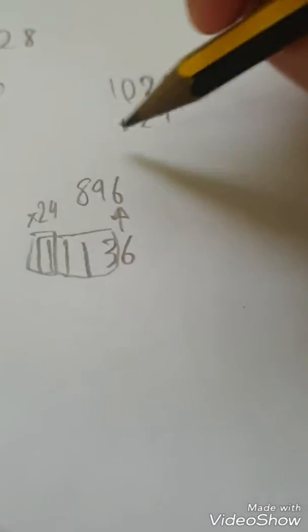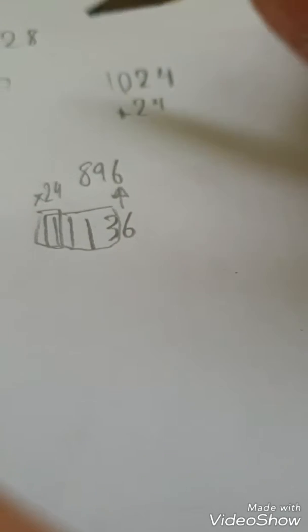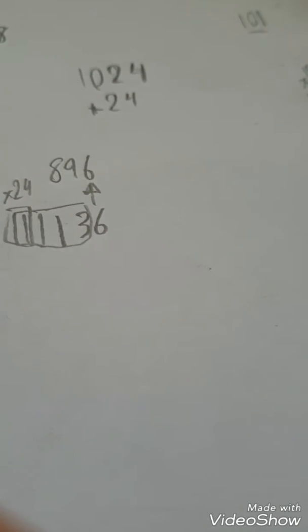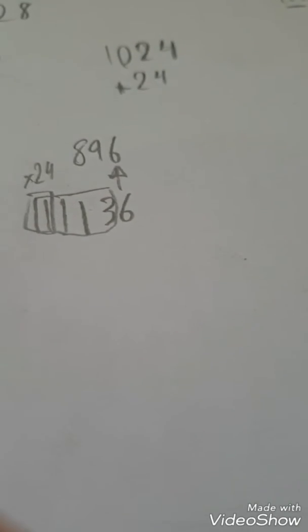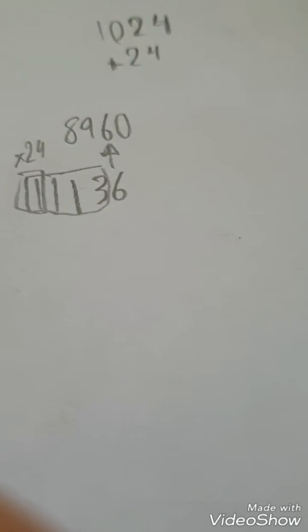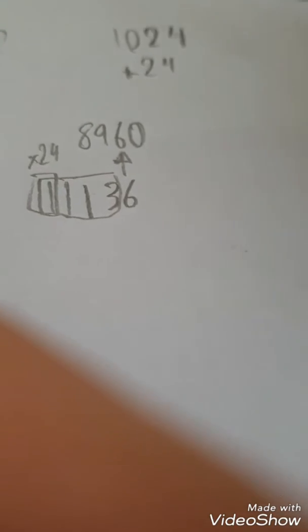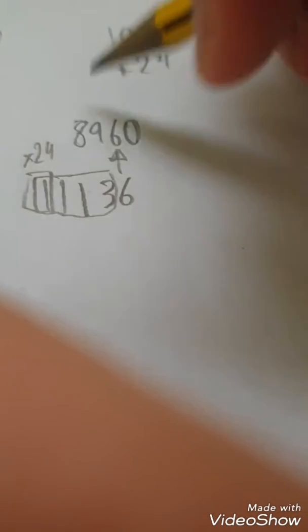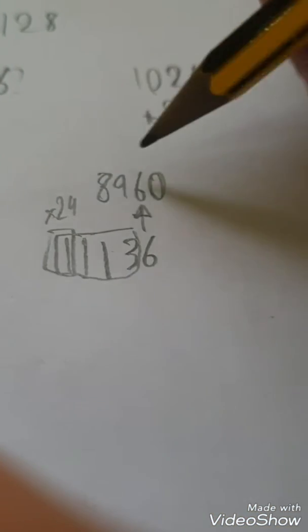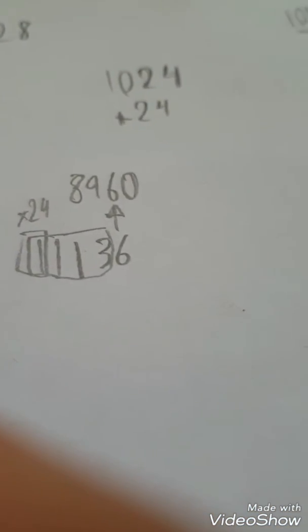Do the same. 8 times 24. We will add here 0 because we don't have a 3-digit number, so we'll add here 0. So we will make 8 multiply 24 and minus it to the 960.